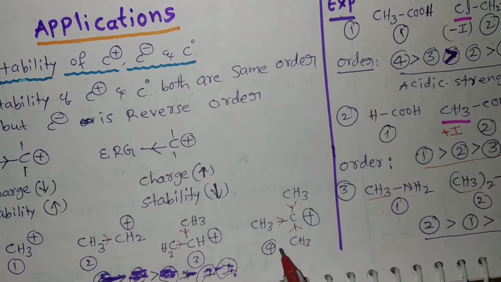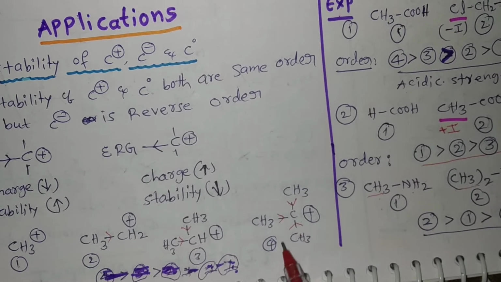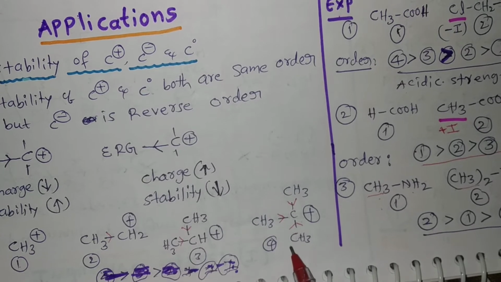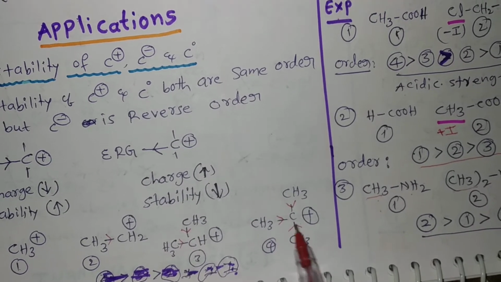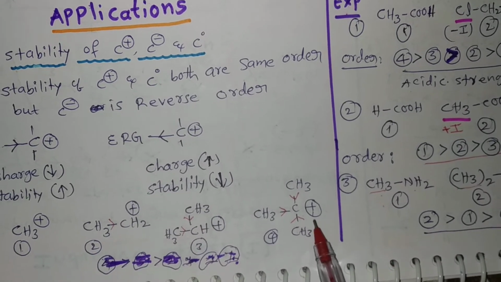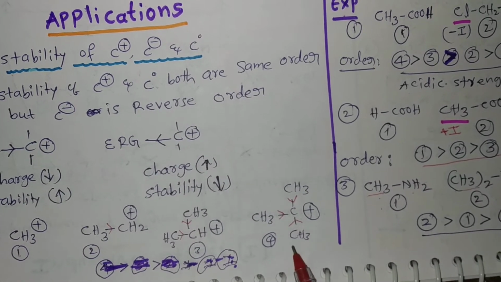So in this, the fourth one has the charge decreased and stability increased, because three electron donating groups are attached to the carbocation.